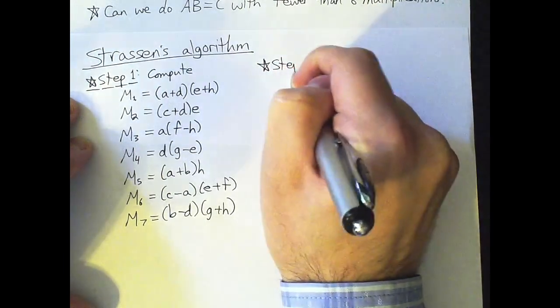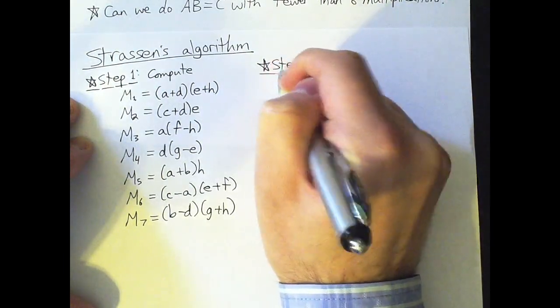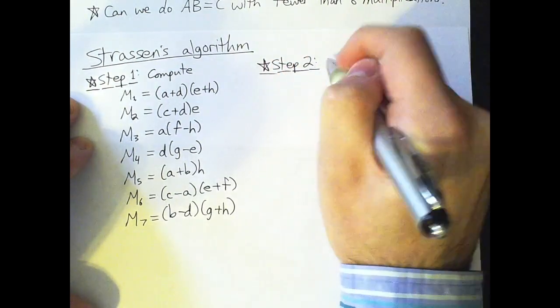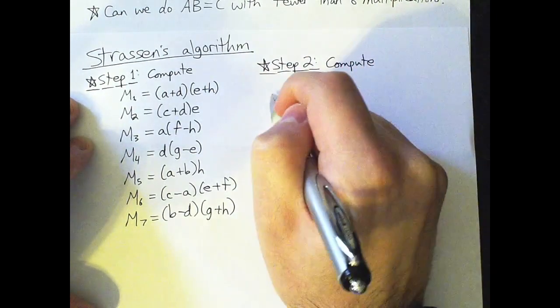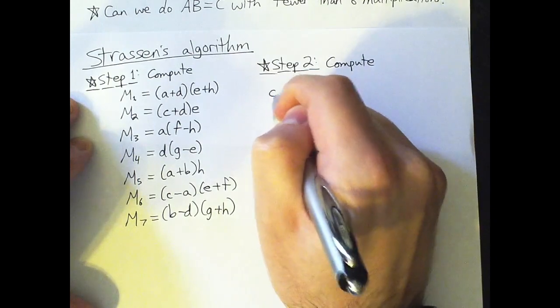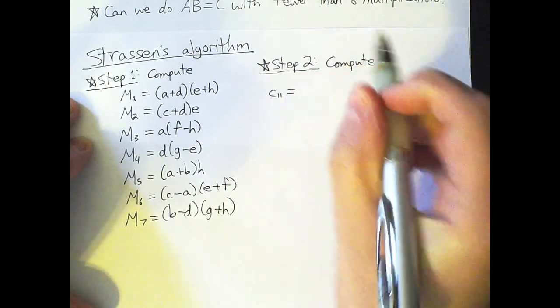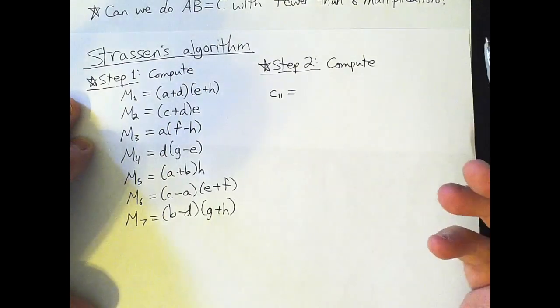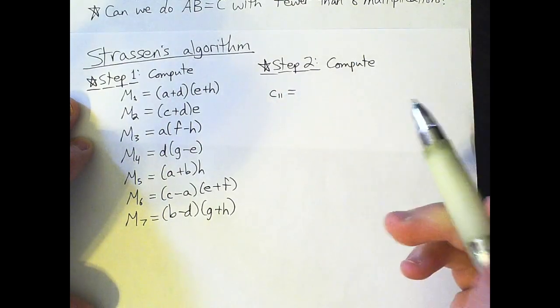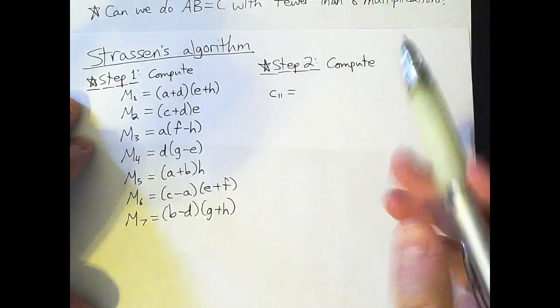Step two is to compute C11. C11 is one of the entries of the product, right? We're trying to find the matrix C, and we said it was C11, C12, and so on.